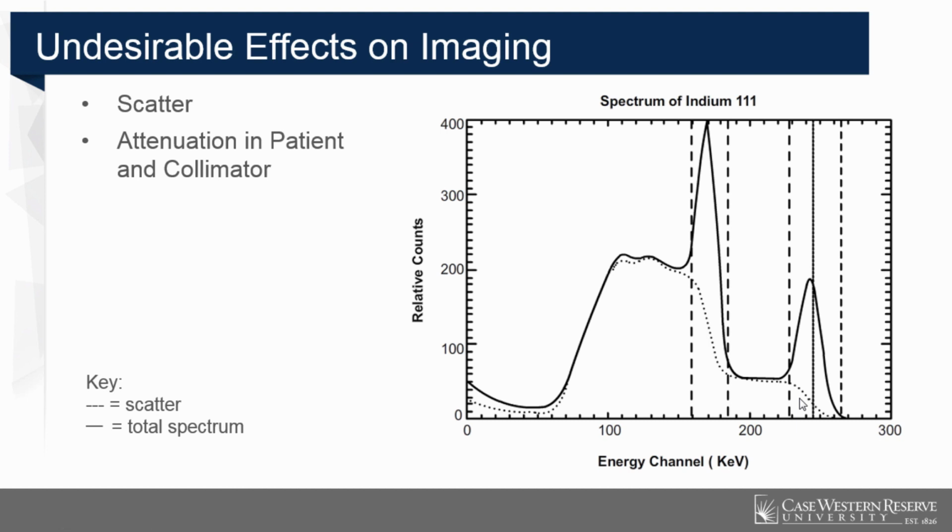And we need to correct these further. The other thing, remember the photoelectric effect? Incoming gamma photon never came out of the body. It's gone. And for quantitative analysis, we need to compensate for this. So in the end, we will talk about correction for tissue attenuation.